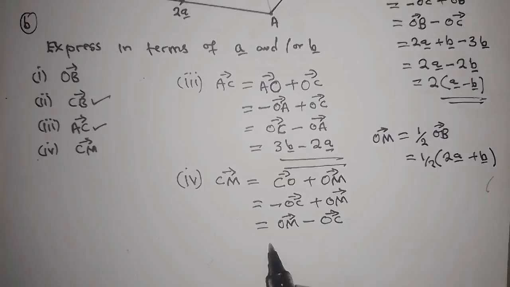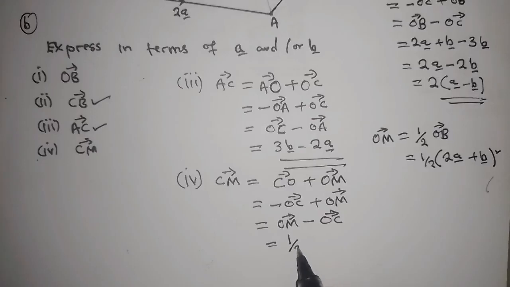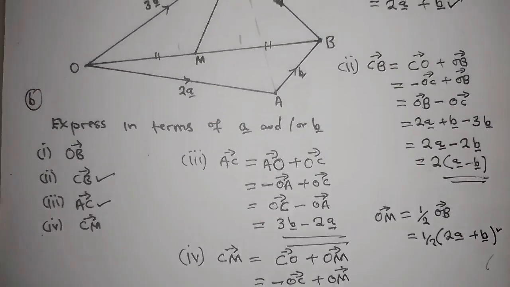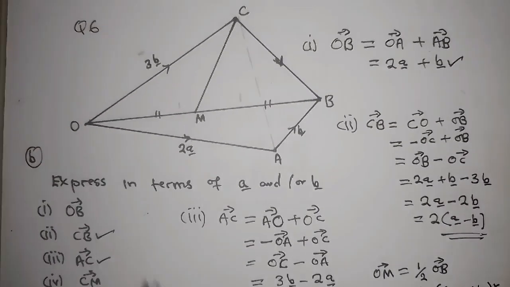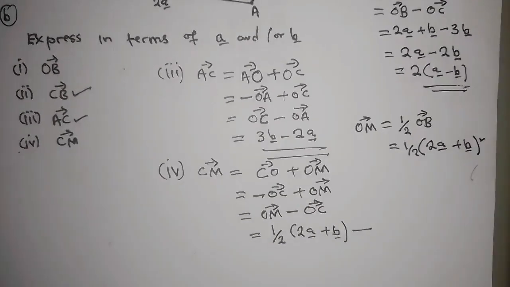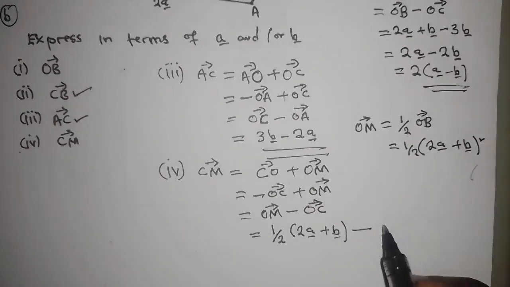So OM is this one that you have compiled there. So this is going to be half, open bracket, 2 vector A plus B. So this is just OM minus OC. Go back, OC is just the 3B, and we are just going to put that 3B there.